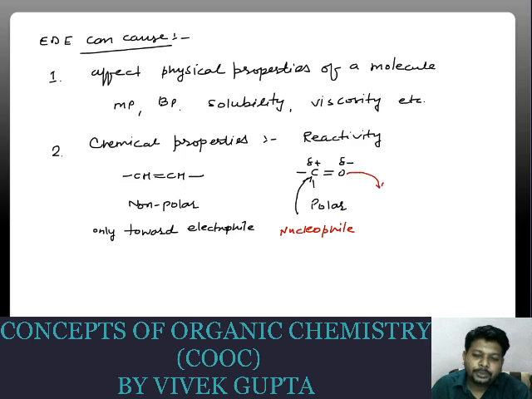And oxygen, being negatively charged, can be attacked by an electrophile. So what does it mean? A polar molecule like a carbonyl compound can be attacked both by electrophiles as well as nucleophiles, but an alkene can only be attacked by electrophiles. So that means electronic displacement effects can change the physical properties as well as the chemical properties of a molecule.